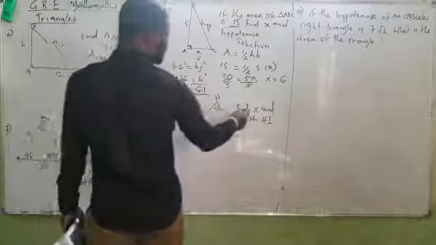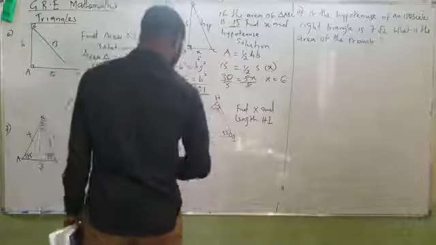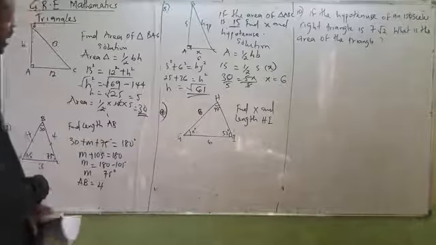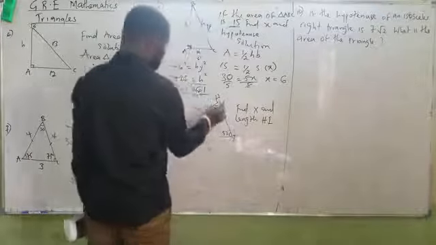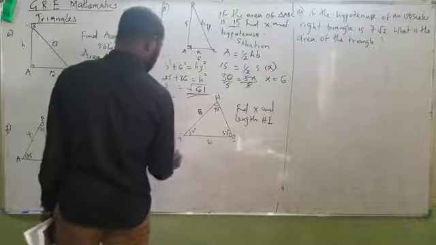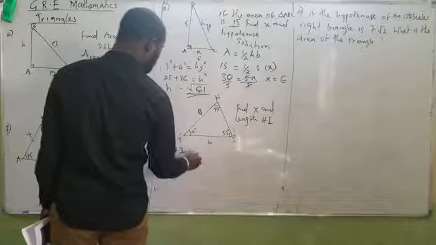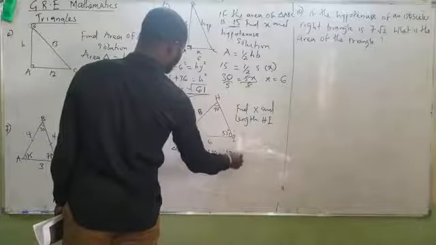Now, look at this: find x and the length HI. The first thing you need to do is 49 plus 53 plus x equals 180.